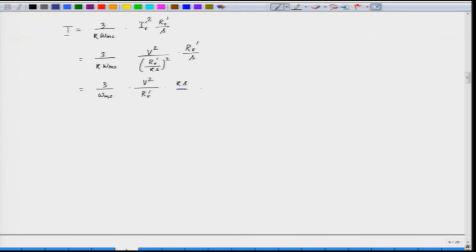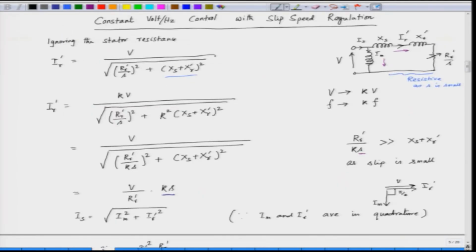We had already obtained the value of the current. The torque is equal to a constant into k s. What about the current? The rotor current is again some constant into k s. This you have already seen.